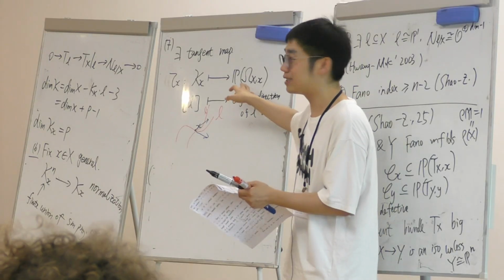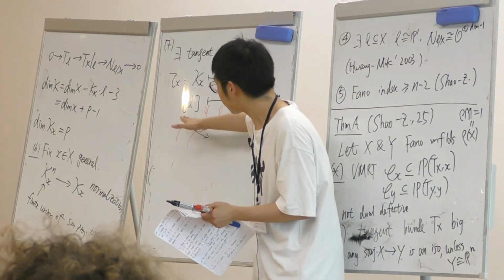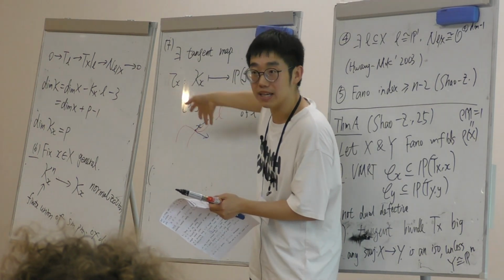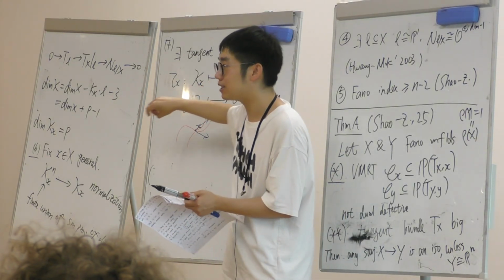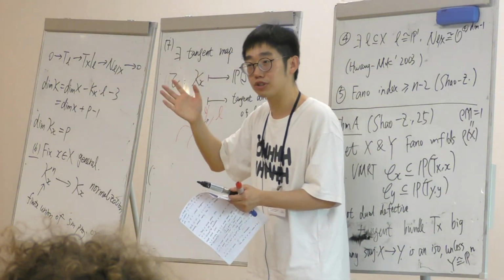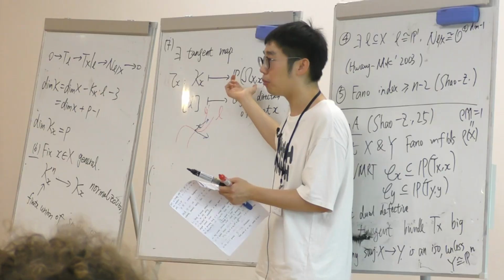So I use this dual version. Because this tangent direction is a line in the vector space, right? And if you consider its projectivization of lines, it should be an element in the usual projectivization. But I use the Grothendieck notion, so I use the omega xx.